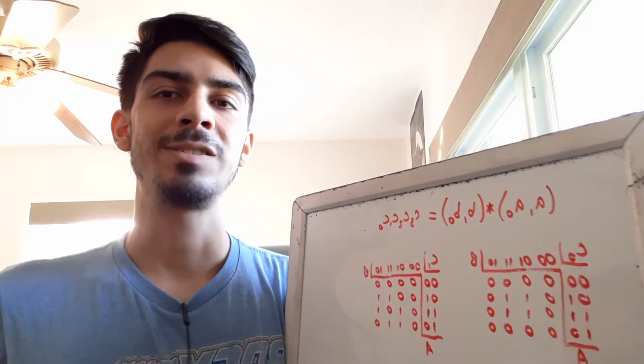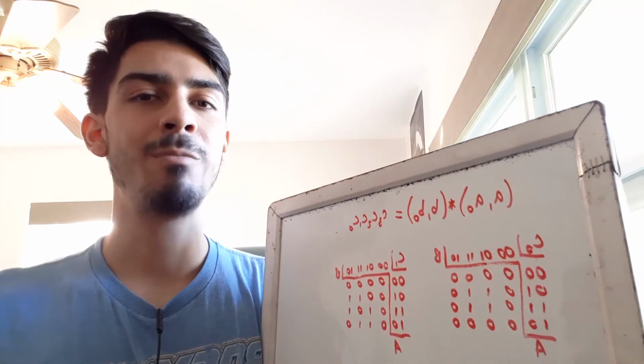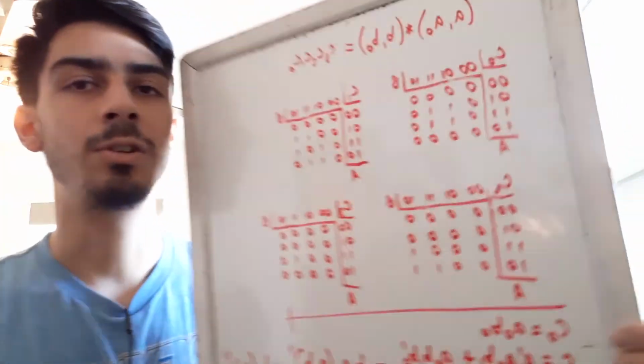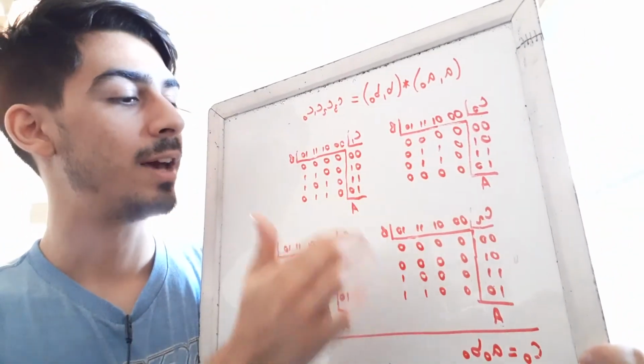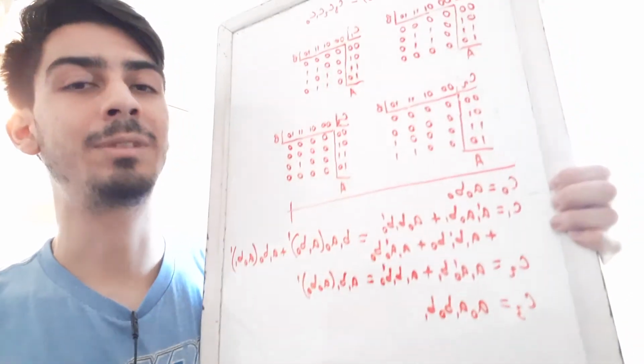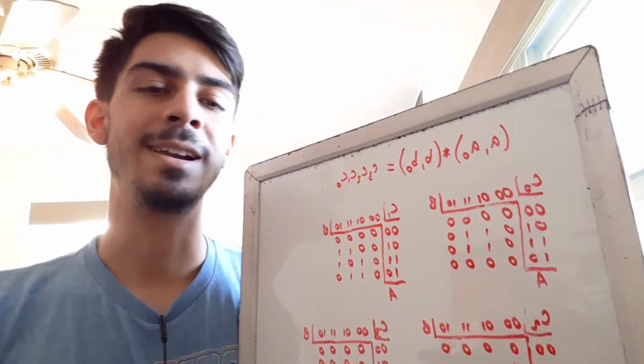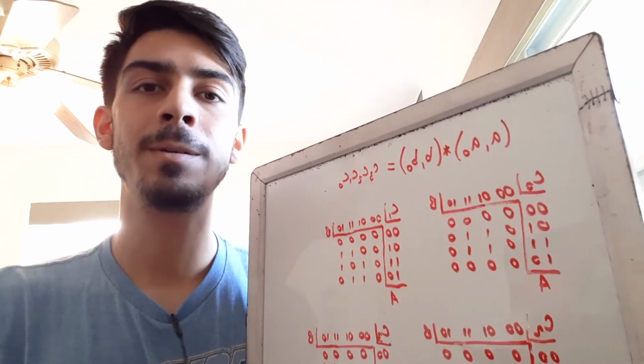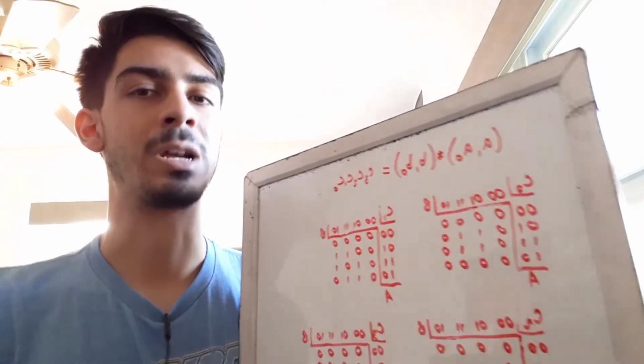One of the biggest drawbacks that I had in this project was the way in which I analyzed the circuit. So I used Karnaugh maps. As you can see, they were very useful because they helped us figure out these formulas. But their biggest drawback is that as the circuit gets bigger and bigger, the Karnaugh maps are going to get more and more complicated.